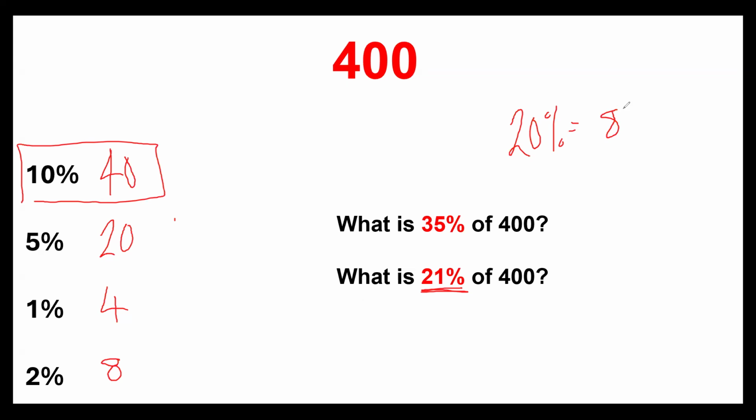But we're not looking for 20%. We're looking for 21%. And look, it's already written for me. 1% is 4. So 1% is equal to 4. Now, I found out what 20% is. I found out what 1% is. I just need to combine the two. So 80 plus 4. And that gives me 84. Okay.